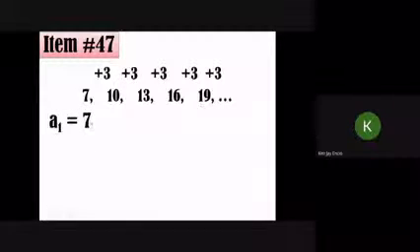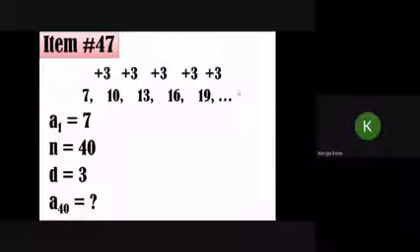The first number here is 7, so it's your a sub 1. Your n is 40 because you're looking for the 40th term. And your common difference is 3 because you're adding 3 each time. By the way, if the sequence is increasing, then it has a positive common difference. But if it is decreasing by the same number, then the common difference is negative.